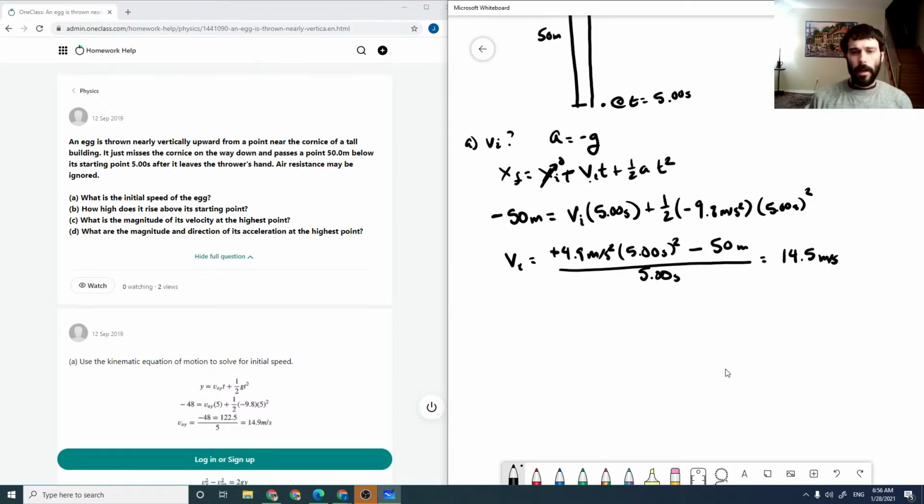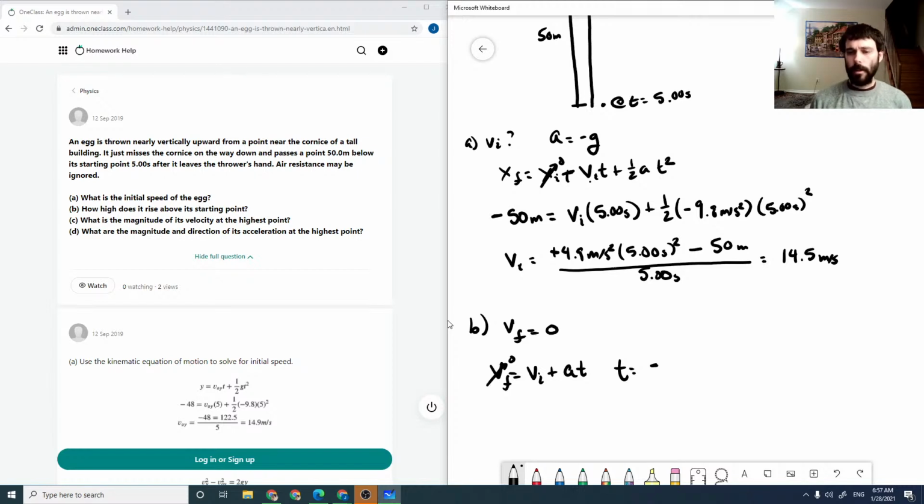And now how high does it rise above its starting point? So that would be solving for where vf equals 0. So vf equals vi plus at. So then t is equal to where vf is 0.